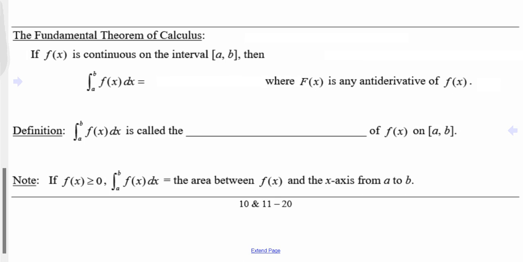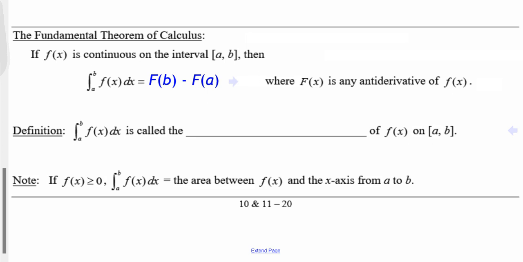Here's what it says. Suppose I have this lowercase f of x. It's a function, it's continuous on this interval from a to b. In other words, no breaks, no gaps, no asymptotes, just a smooth curve. Or continuous at least, doesn't have to be a smooth curve. This integral, we would say, is the definite integral, because we have this bound from a to b.